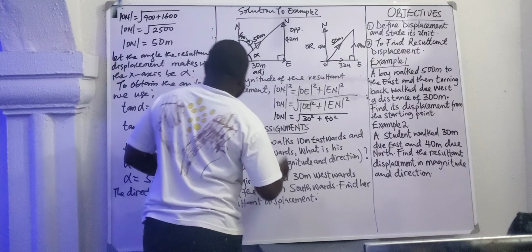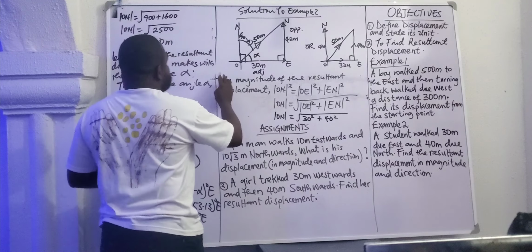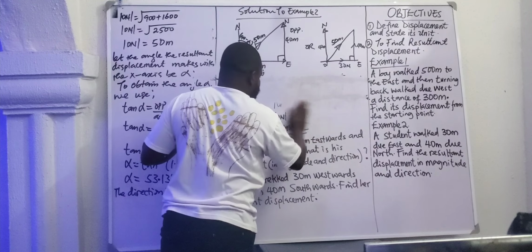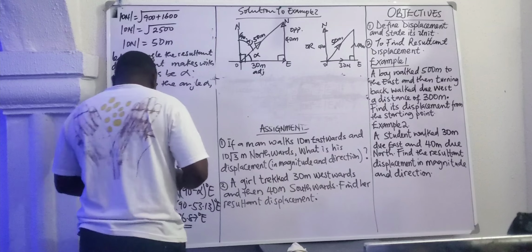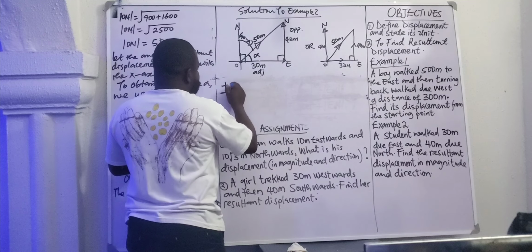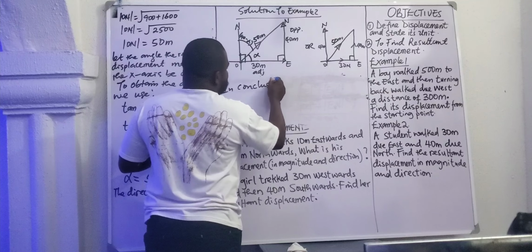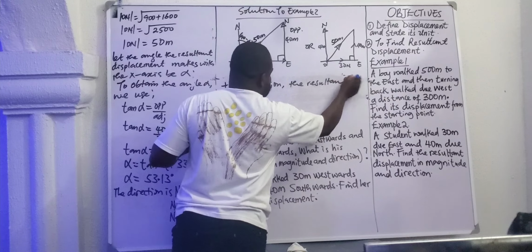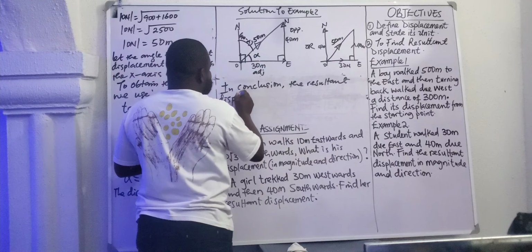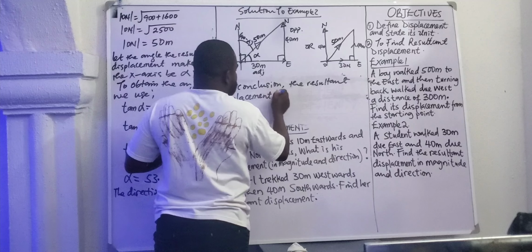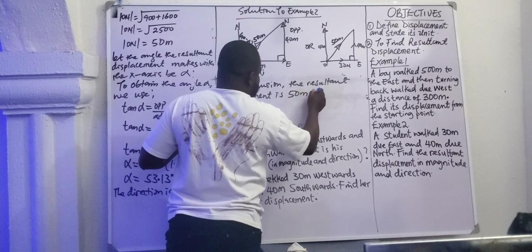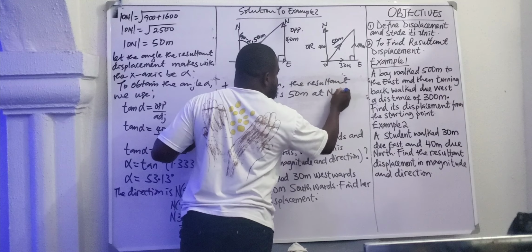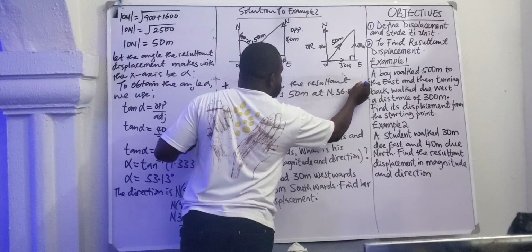So I'm making my concluding statement. In conclusion, the resultant displacement is 50 meters at north 36.87 degrees east.